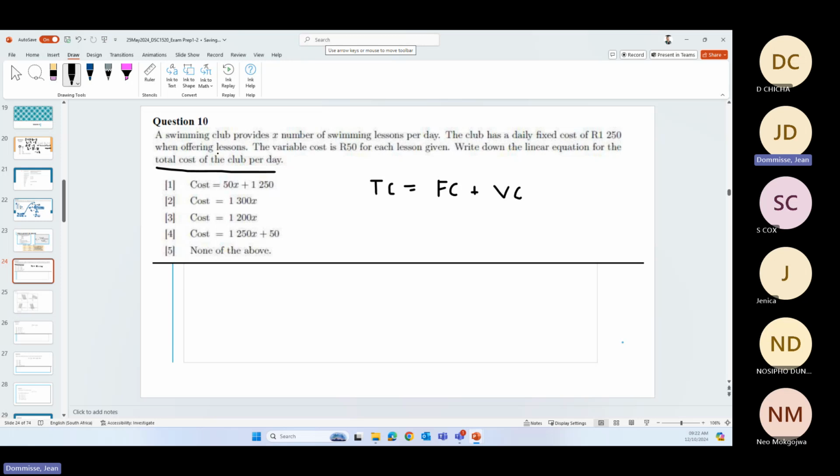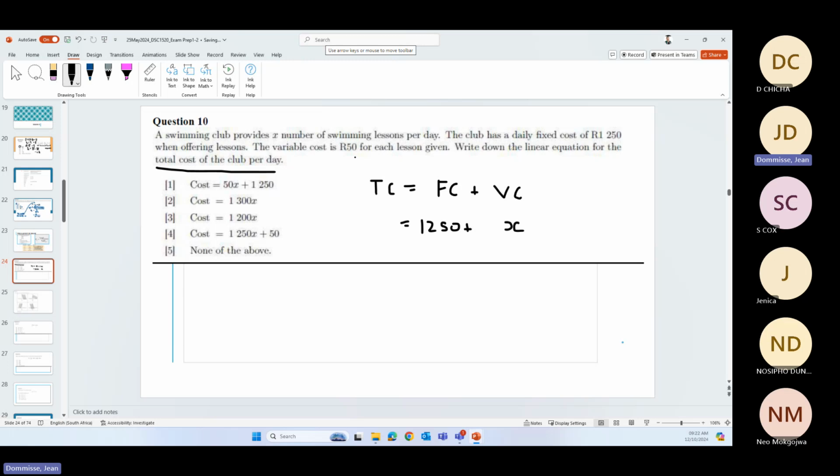A swimming club provides X number of swimming lessons per day. So that will be part of our variable cost. The club has a daily fixed cost. So they tell us the fixed cost is 1250.